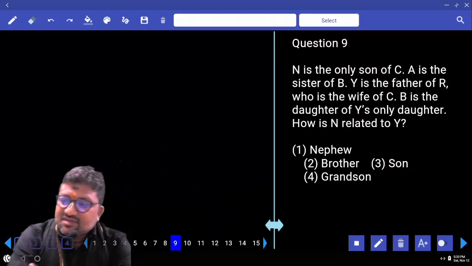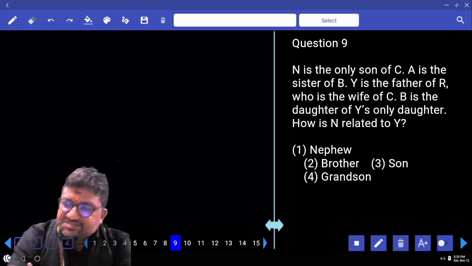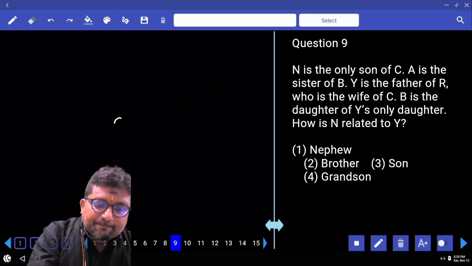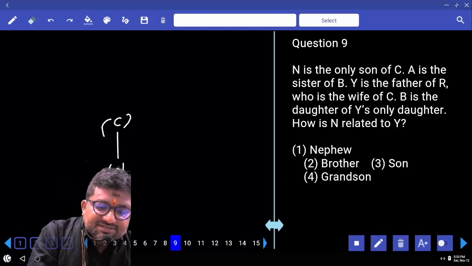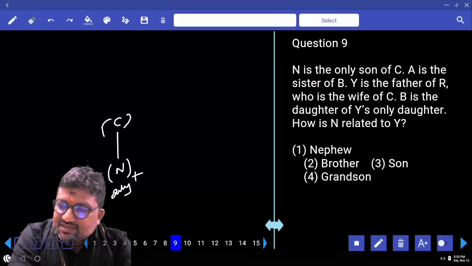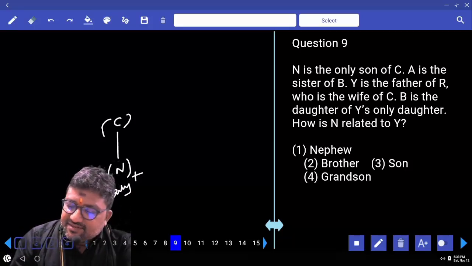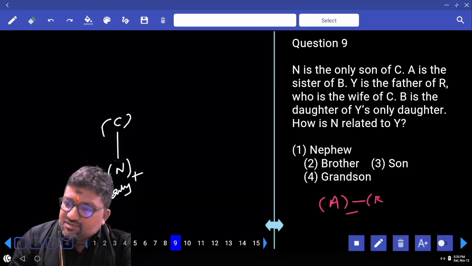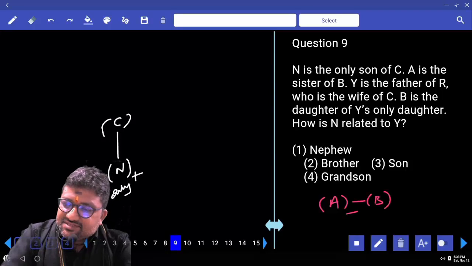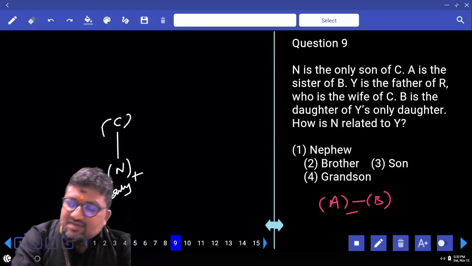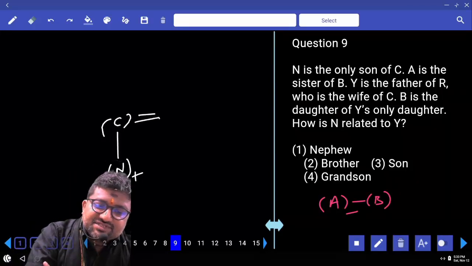What is this? Blood relations. N is the only son of C. A is the sister of B. Y is the father of R. R is the wife of C. Then C is male. Who is the father of R?